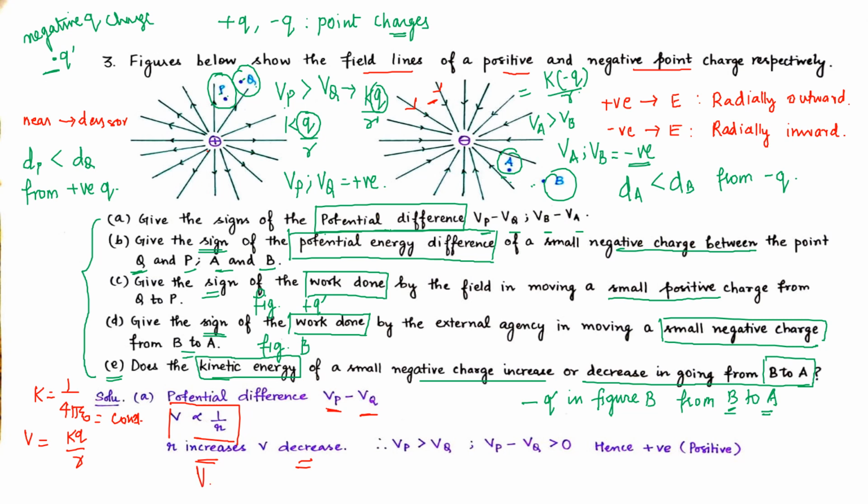In case of Q, R is bigger than the R for P. Hence, our potential will be greater for the point P than the point Q. Therefore, the bigger potential minus the smaller potential will give some value which is bigger than 0. Hence, we will have a positive potential difference.